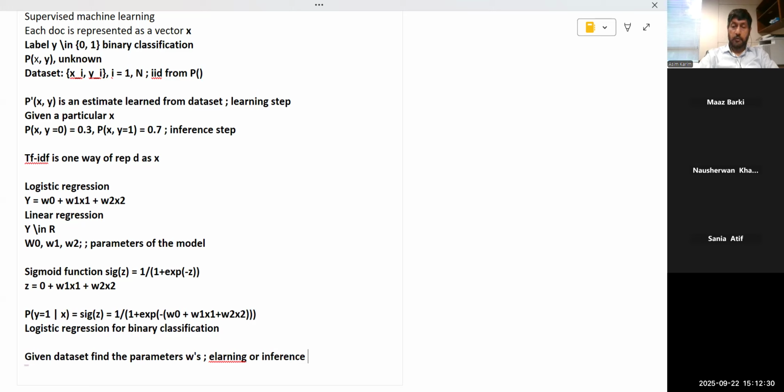And more specifically for those who know more about machine learning, this is a discriminative probabilistic model, not a generative model. We are directly finding the posterior probability of y given x. We're not finding the likelihood x given y, or the joint distribution of x and y.